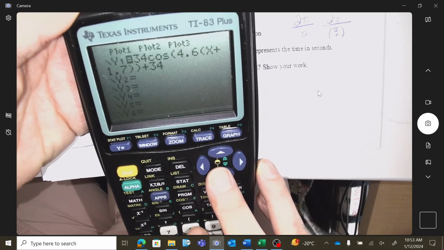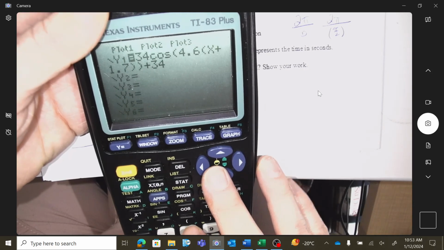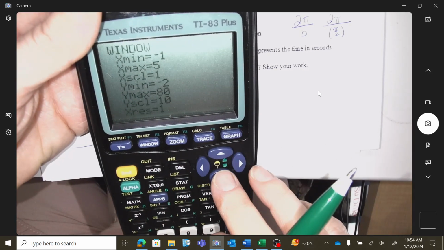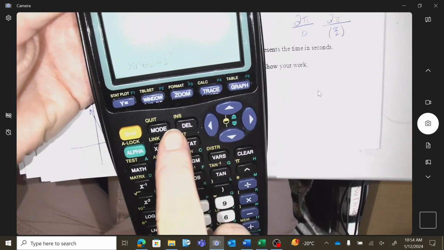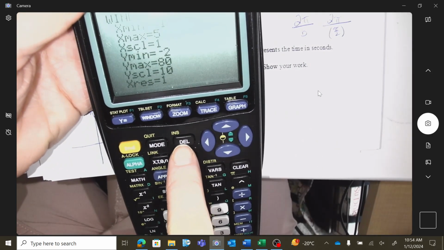Bracket, bracket. What is your window? Oh, my window. Wait, how do you insert something again? You do second delete. Second delete.